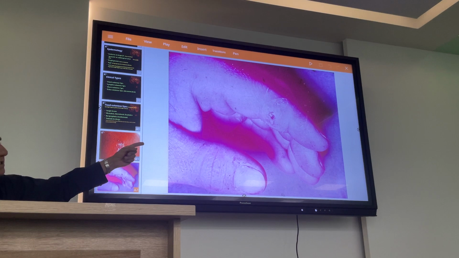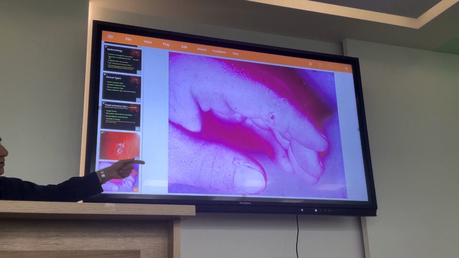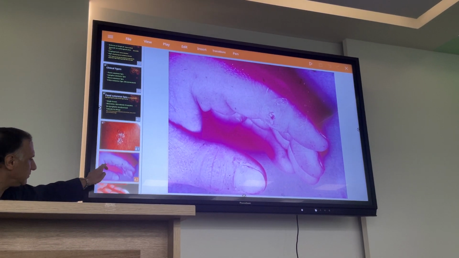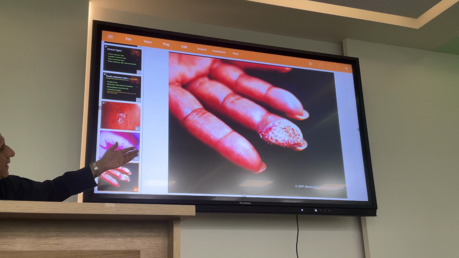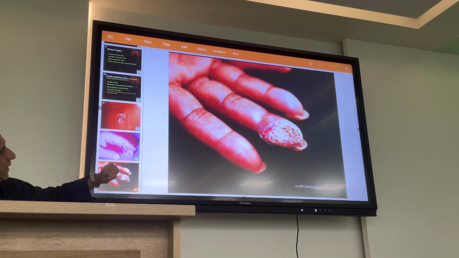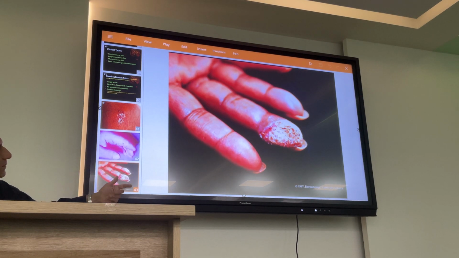You have a lesion with ulcer form in this picture, and necrosis and vesicular type.